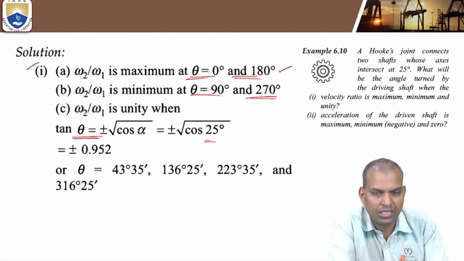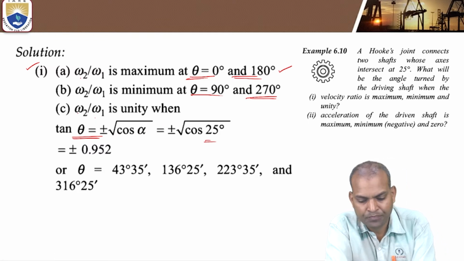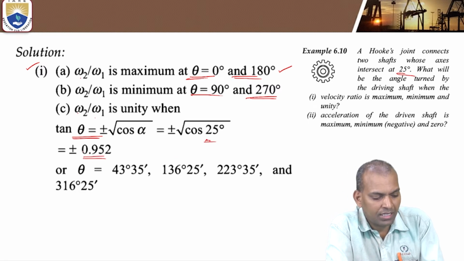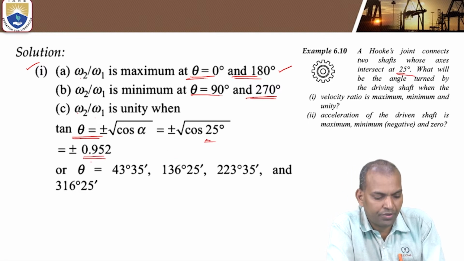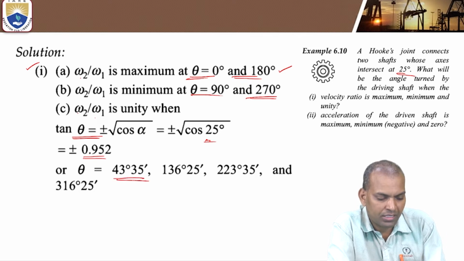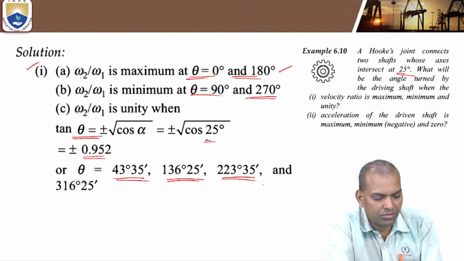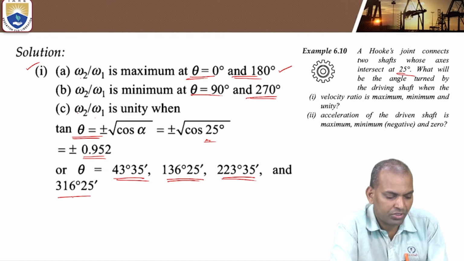It is unity when tan theta equals plus or minus root cos alpha. With alpha equal to 25 degrees, tan theta equals plus or minus 0.952, then theta equals 43 degrees 35 minutes. The other angles are 136, 223 and 316 degrees.